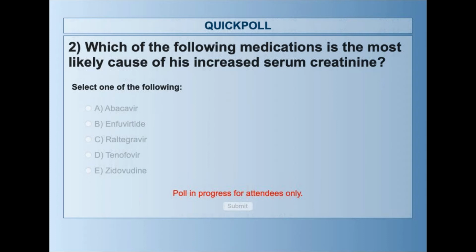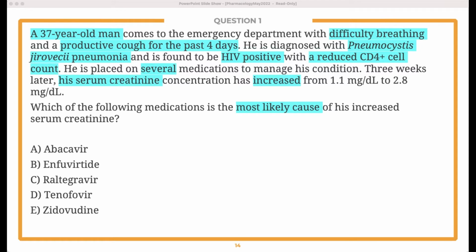I think some of you are trying to think through the drug index in your mind, wondering which one fits the bill here. So go ahead and make your selection. It looks like almost three-quarters of you have voted, so we're going to close the poll and show the results.